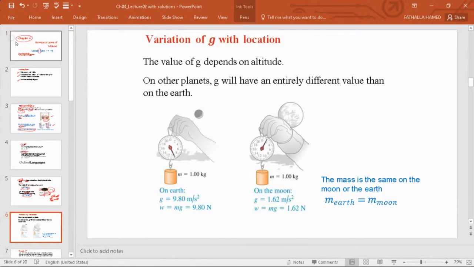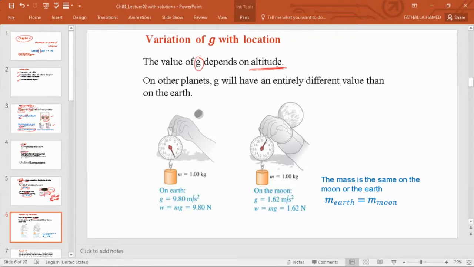But you know that this value of g will depend on altitude. And probably I will deal with that in chapter number 5 when we talk about the universal law of gravity by Newton.